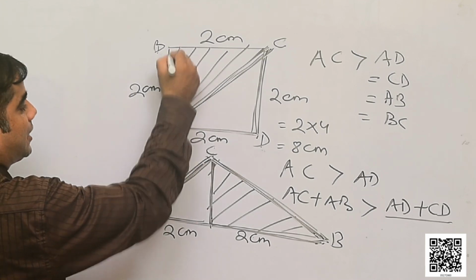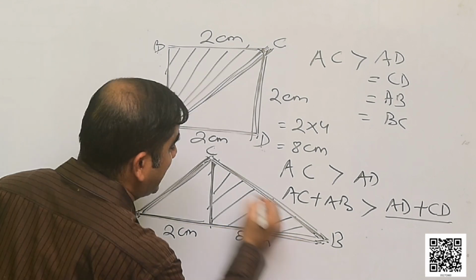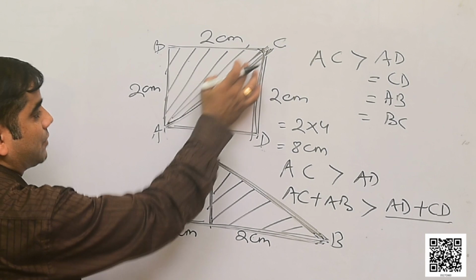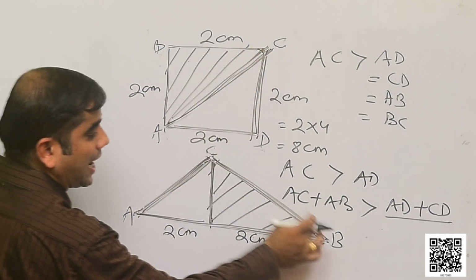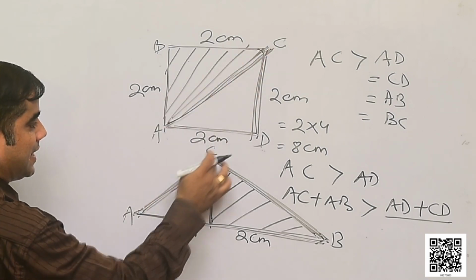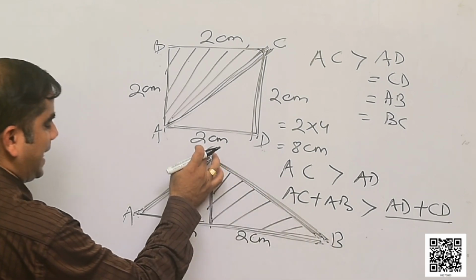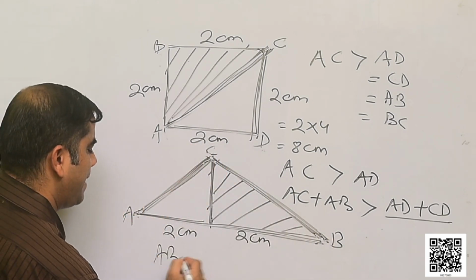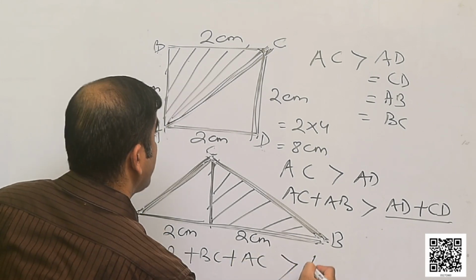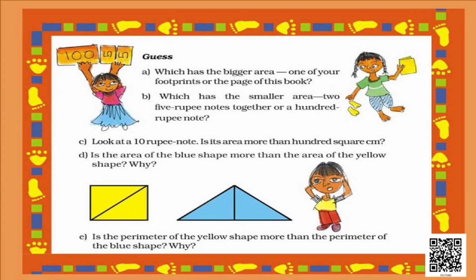In the square I have 4 sides, here I have 3 sides, but this side is equal to the two sides of the square, and these two sides are equal to the sum of the side AC. That means the sum of the 3 sides, AB plus BC plus AC, is greater than AB plus BC plus CD plus AD.